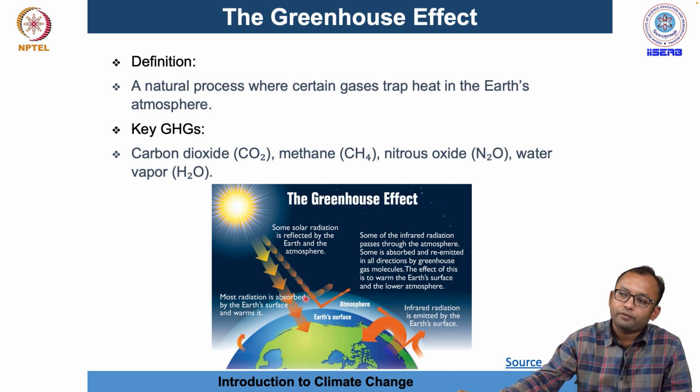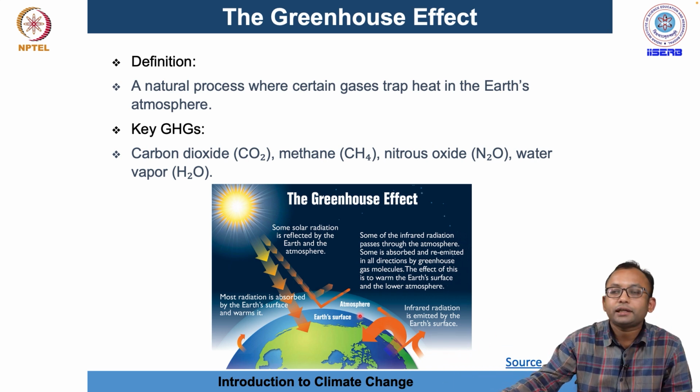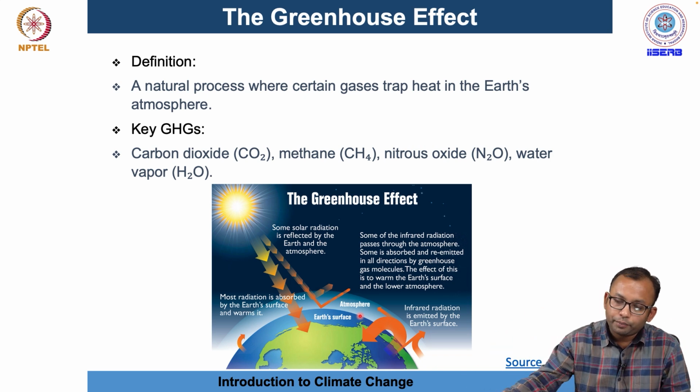After some period of time, the radiation absorbed by these land surfaces is re-emitted back to the atmosphere in the form of long wave radiation, and these long wave radiations get trapped by atmospheric gases, which can be carbon dioxide, methane, nitrous oxide, or water vapor.